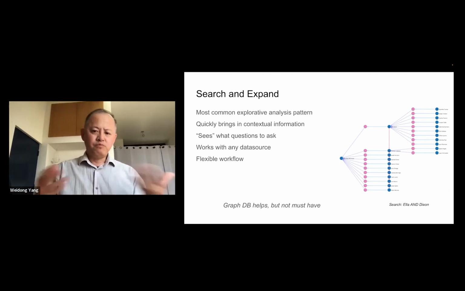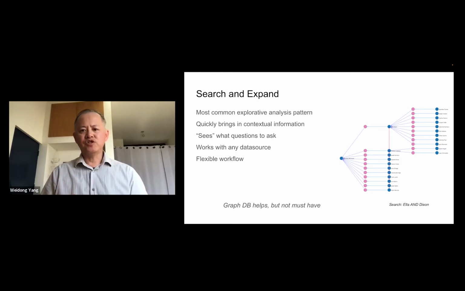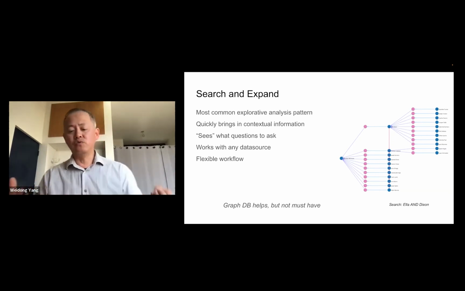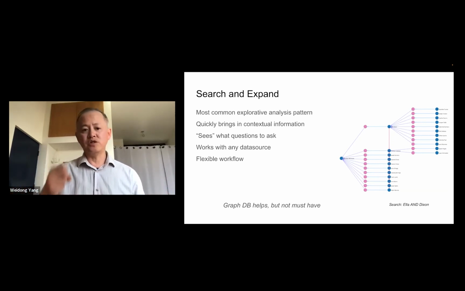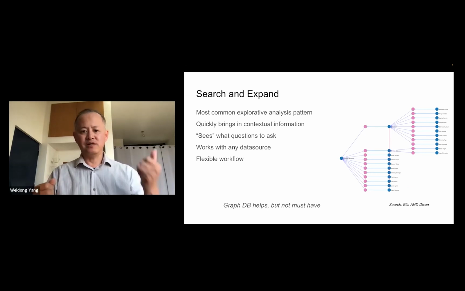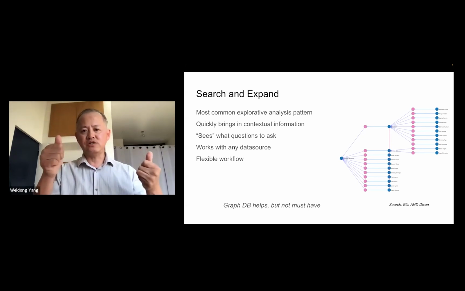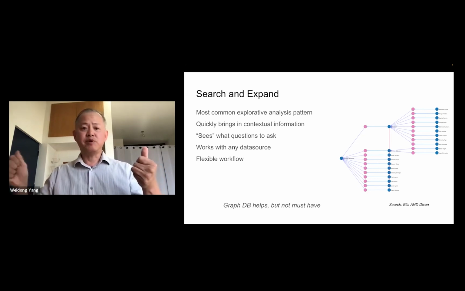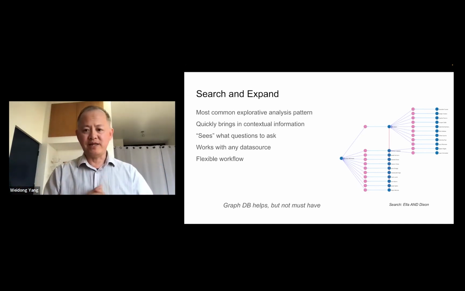But to perform this kind of simple search and expand, of course you want to be able to merge the node if the same information comes together. For example, user A has a transaction that you expand. If the same transaction has a relationship to user B, when you expand from user B, it should perform an automatic merge, so it shows you the graph.